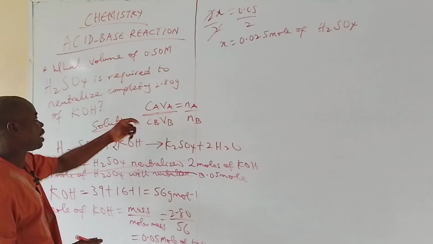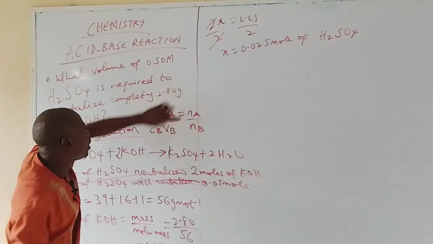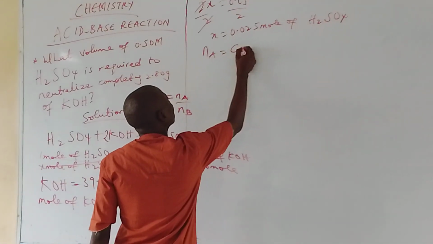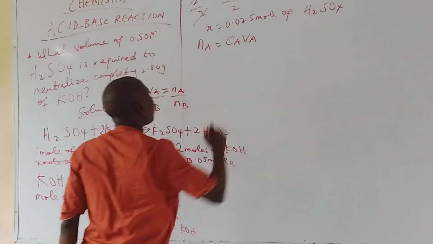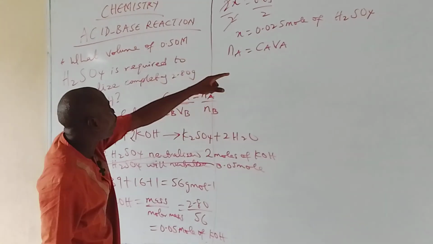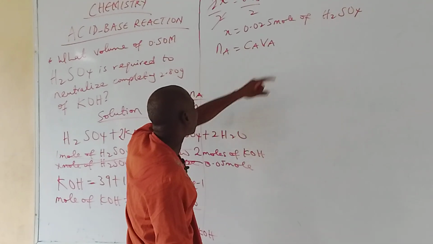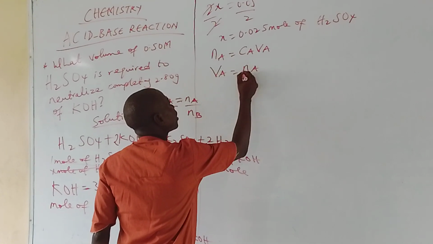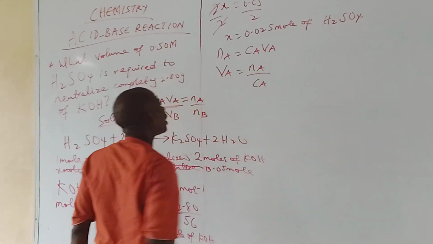Since I'm dealing with the acid, I just relate this. The number of moles of acid is equal to the concentration of acid times the volume of acid. From the context, they ask us to determine the volume, so we isolate the volume. The volume of the acid will be equal to the number of moles of acid over the concentration of acid.